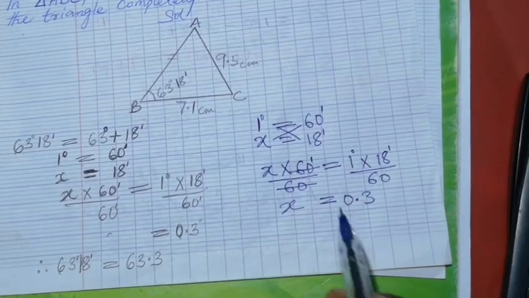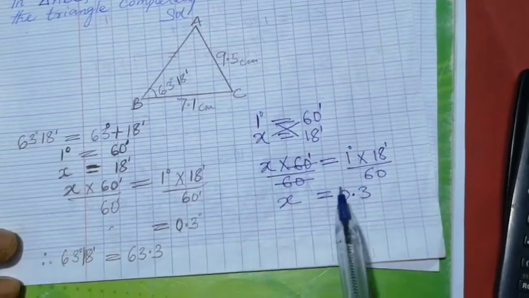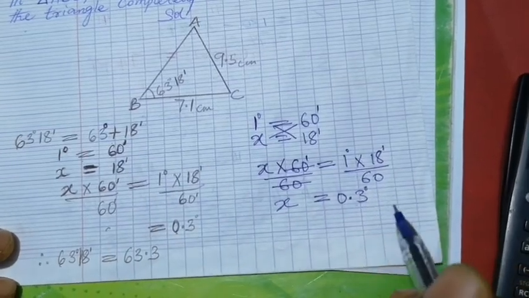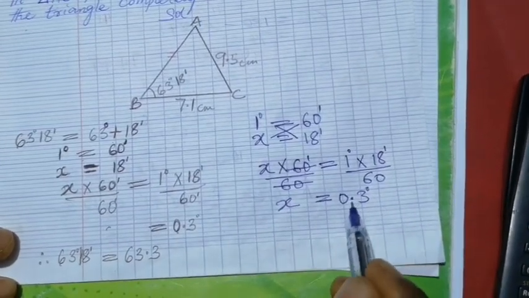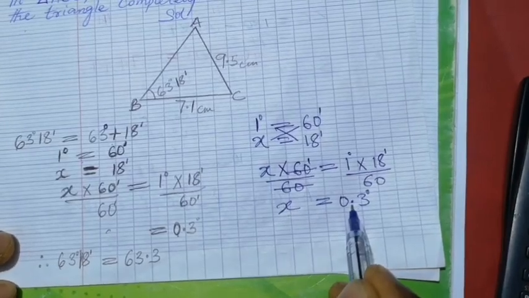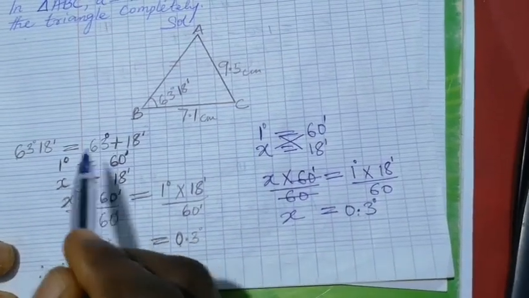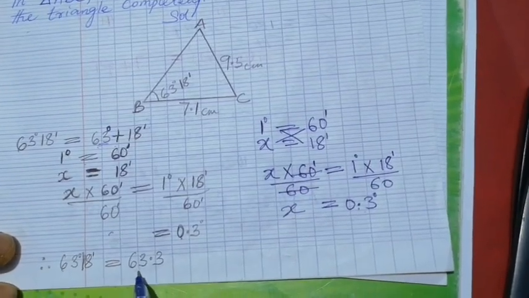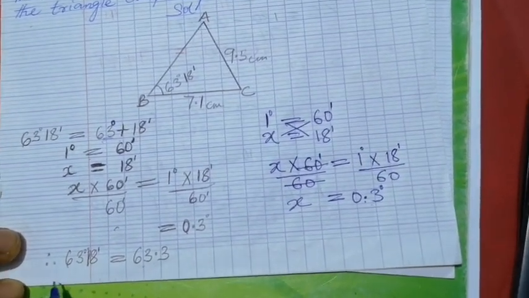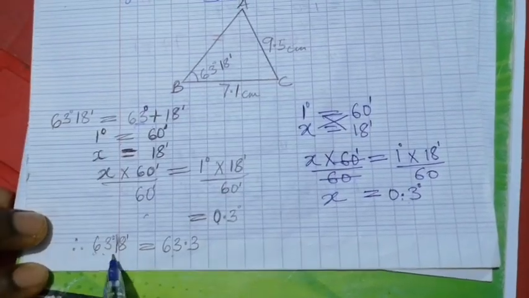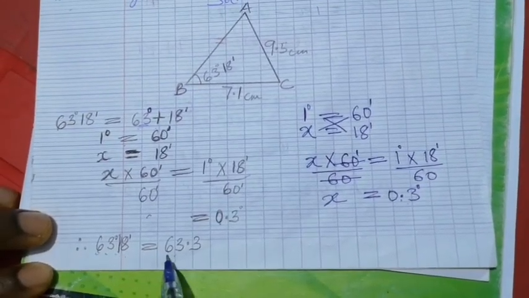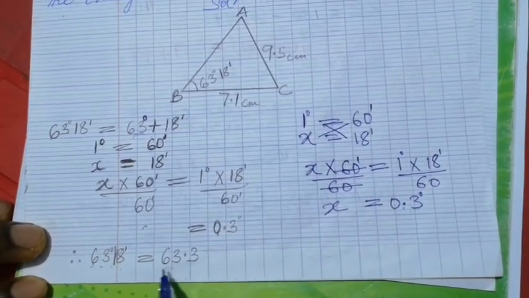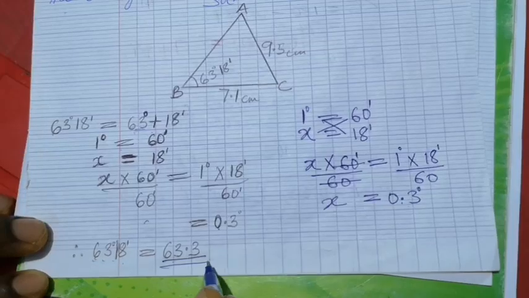It means that the equivalent value of 18 radians in degrees is 0.3 degree. So we will now add this 0.3 to this 63 degrees, so that we have 63 degrees 0.3. That means 63 degrees 18 radians is equivalent to 63.3 degrees.